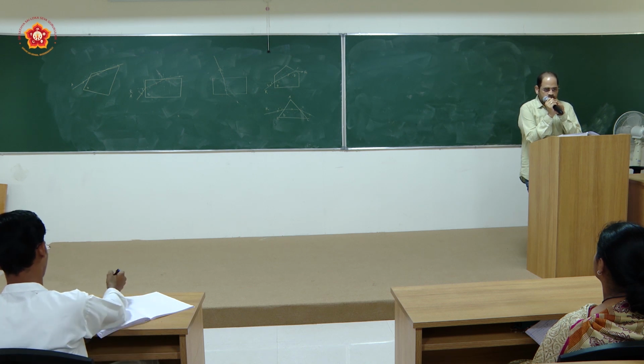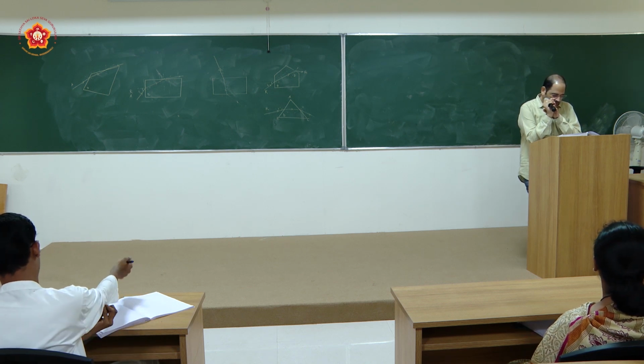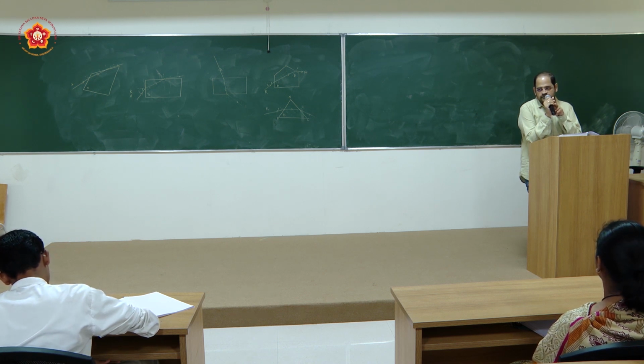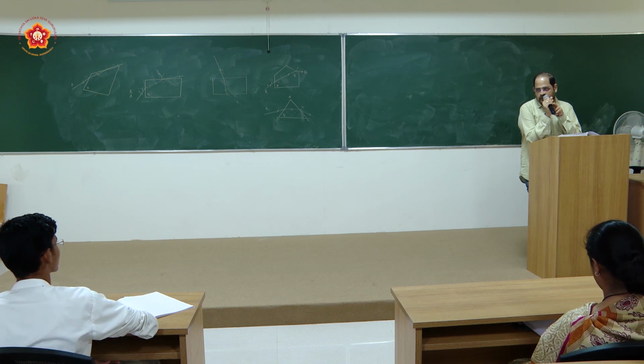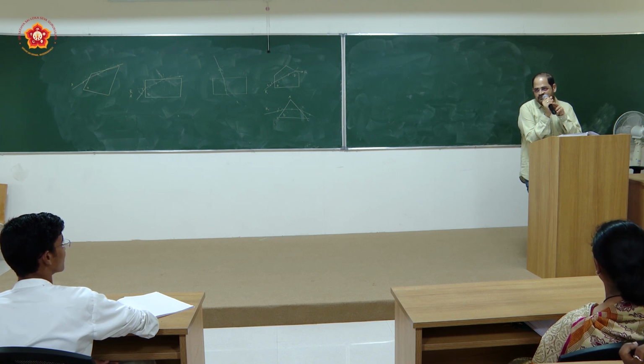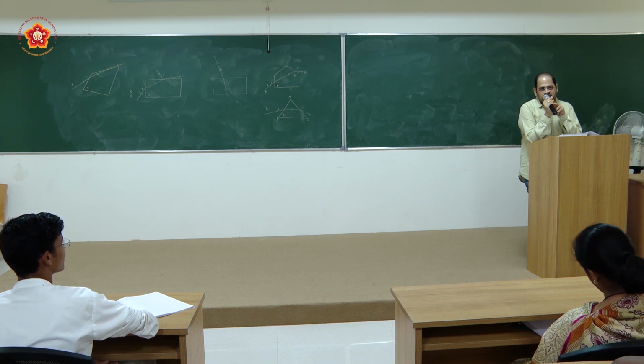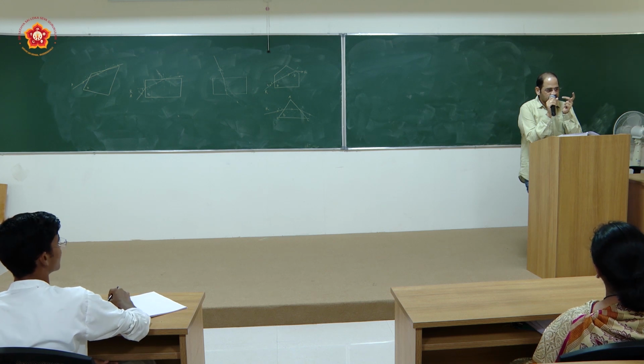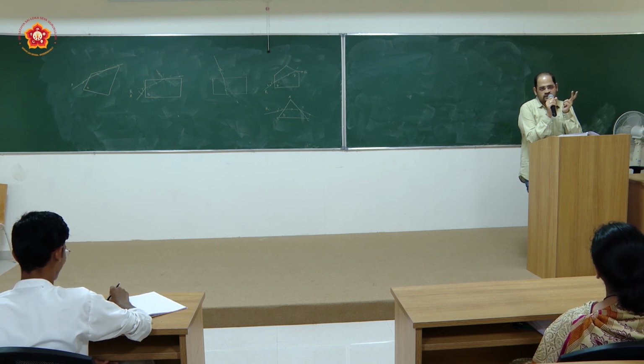Now you are aware that there are 3 types of prisms. How many types of triangles are there? Normally we have equilateral triangle, isosceles triangle, scalene triangle. तो जितने तरह के ट्राइंगल बनेंगे उतने तरह के प्रिज्म भी बनेंगे.